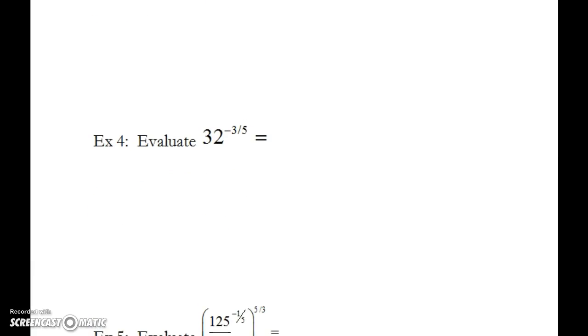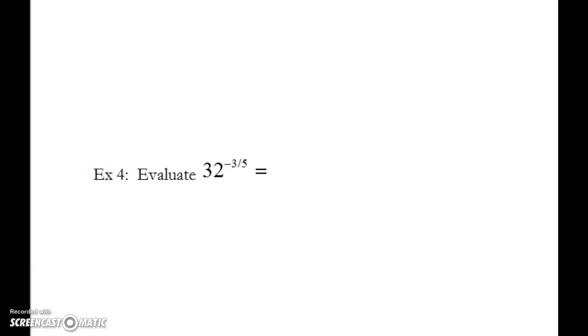Example 4, we want to evaluate this expression. There are 2 ways to do this actually. So let's see, method 1. It might help, if you want to use this method, to rewrite it in radical form. So this becomes the 5th root of 32 to the -3rd power.